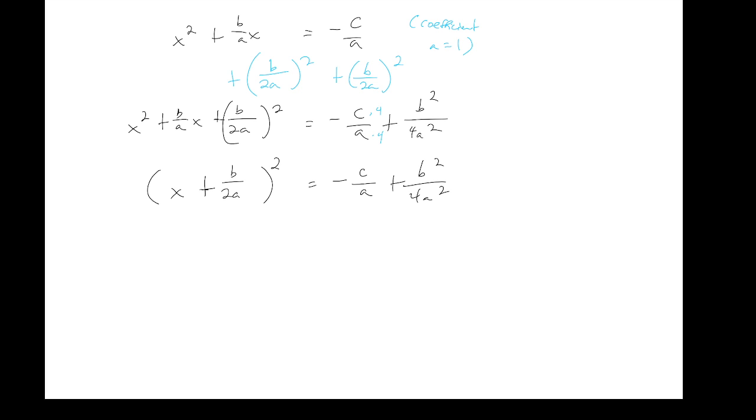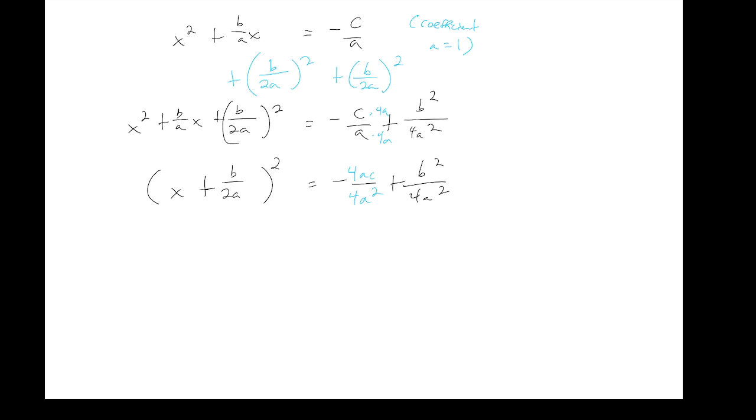I'm sorry, I don't need just 4. I need 4a, because I have a 4a squared. So I need to multiply both top and bottom by 4a. What that's going to give me over here is 4 times a times c, and this one's going to be 4 times a, or 4a squared. Now I have common denominators, and I can combine those.